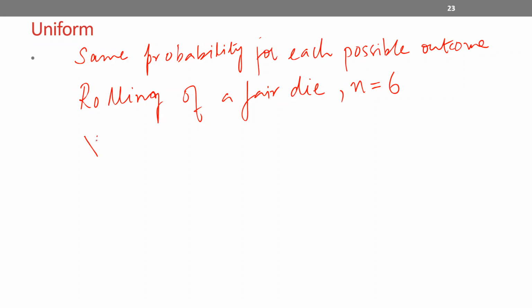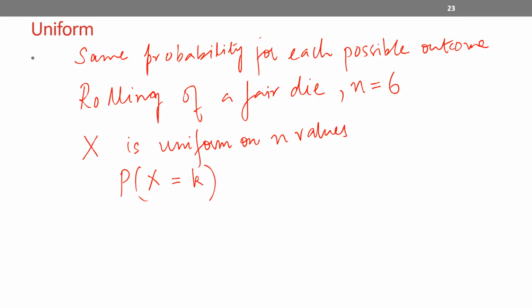And if x is the random variable that is defined as uniform on n values, this means its PDF is given by probability of x equals k, and this is how we denote it, is going to be 1 over n for k equals 1, 2, and so on up to n.